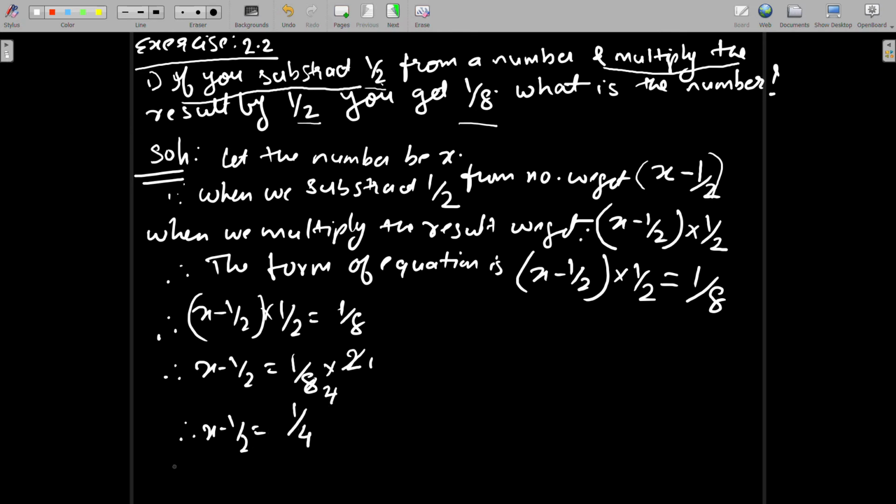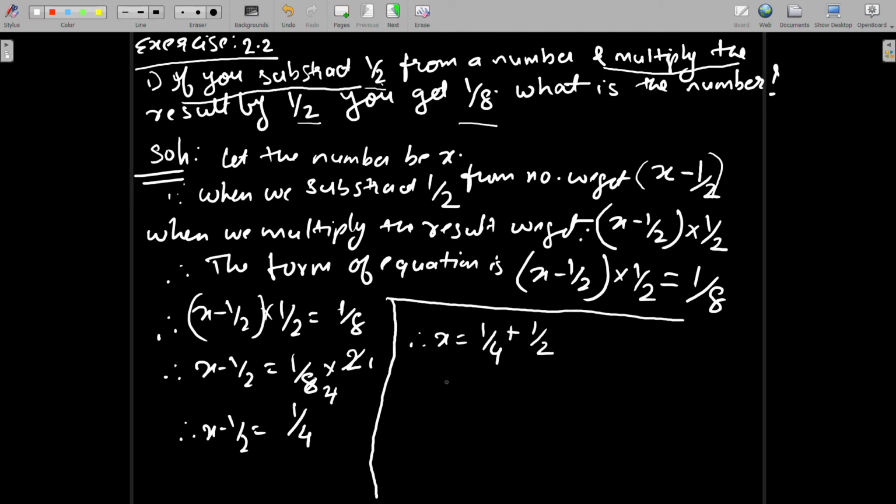Right? Now let us further simplify the equation. Therefore, I can say x is equal to 1 by 4. When I take minus 1 by 2 from here onto this side, it will become plus 1 by 2.